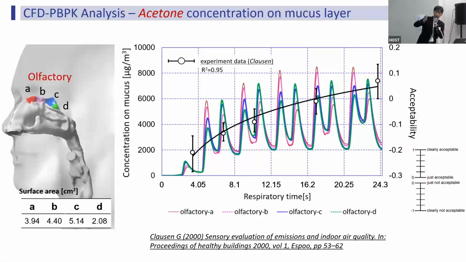You can see the vertical axis on the left-hand side shows the acceptability scales. And these experimental results show adaptation of the olfactory cells. Just I would like to say that within 5 or 6 breathings, olfactory tissue will reach some equilibrium adaptive condition.